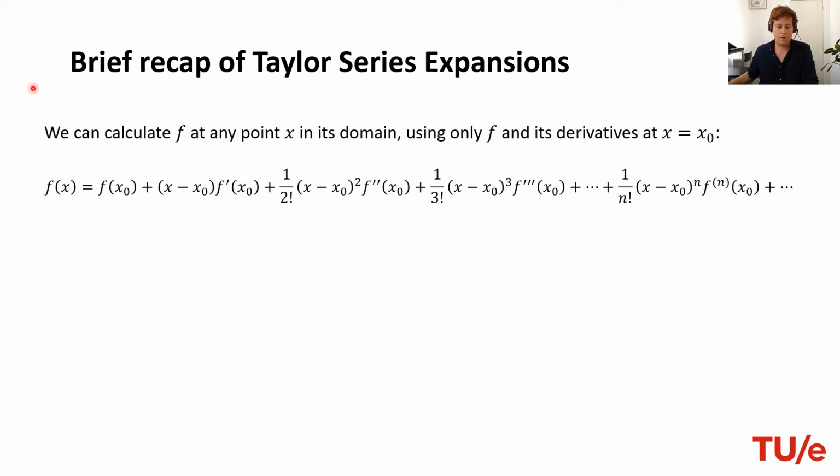And the Taylor series expansion of such a function looks like this. For any arbitrary x, we can write the function at x, so f of x, as the function evaluated at a different point, x naught, plus the difference in x times the derivative at x naught, plus these higher order terms.